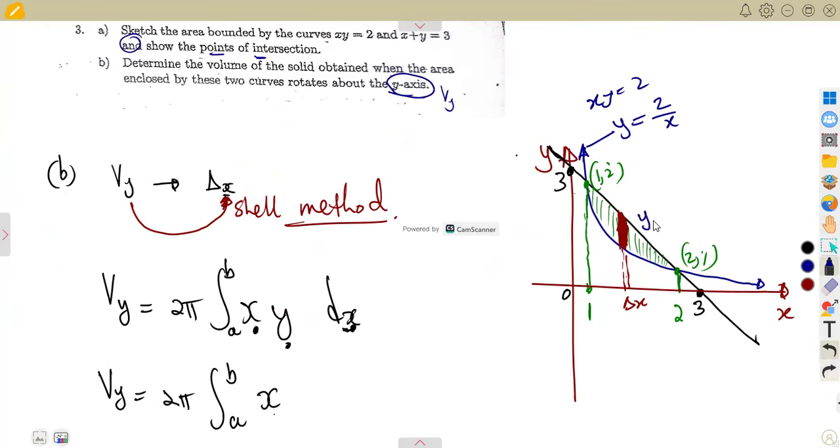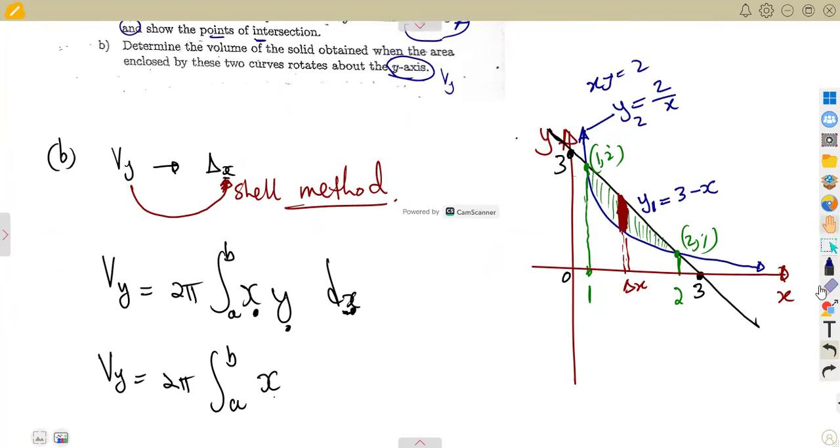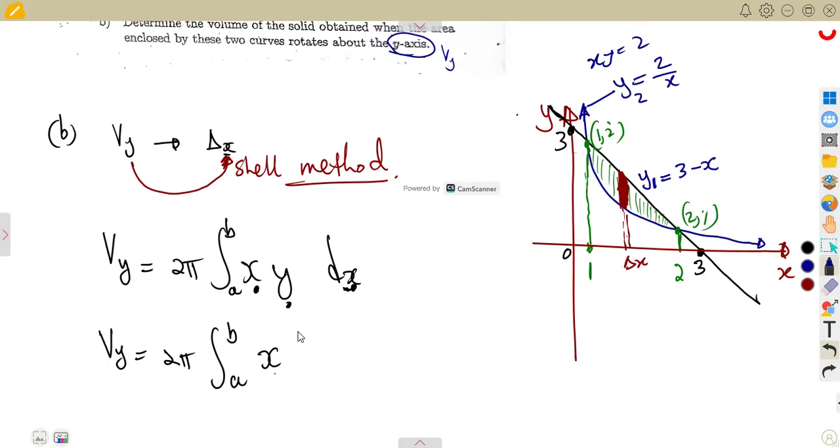For the straight line, y1, we made y the subject, and from x plus y, we transposed and it was 3 minus x. So y2 is the one below, which is below in terms of the y values. So we're going to subtract there.